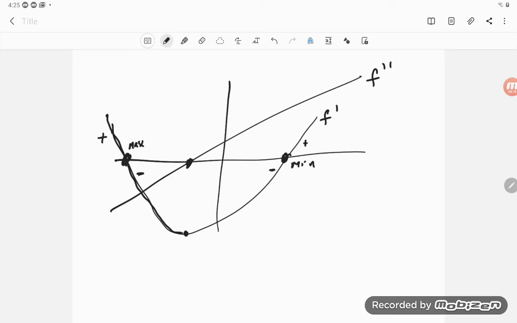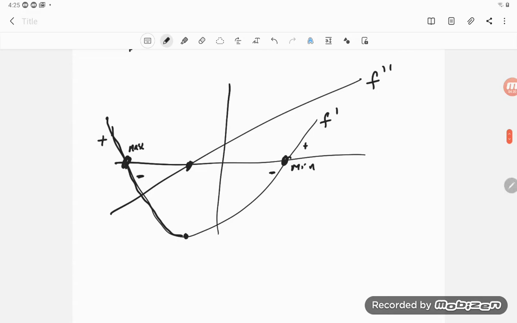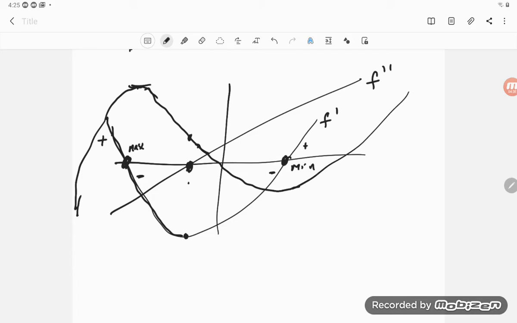And so now I can draw something for f that looks maybe like this. And then right in here is the inflection point. It comes down and then increases again. Okay, so there's f.